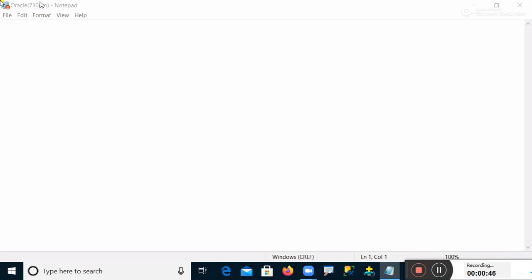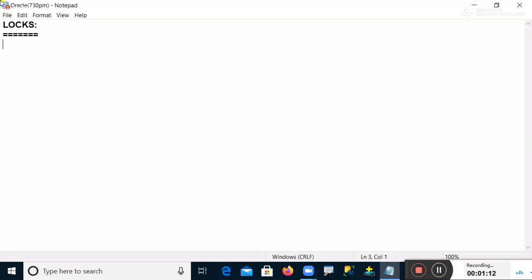Right. So the next new topic in the SQL language of Oracle. The topic name is logs. Basically, these logs are logging mechanisms.